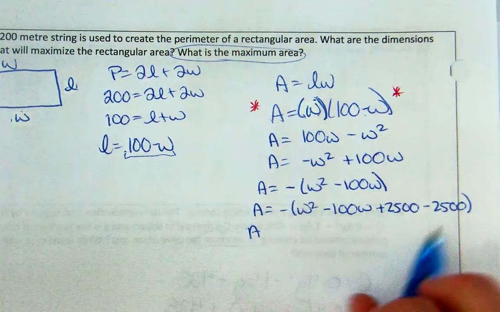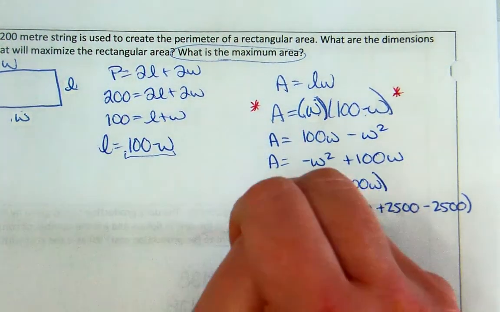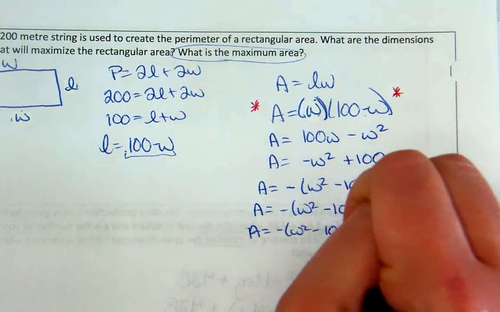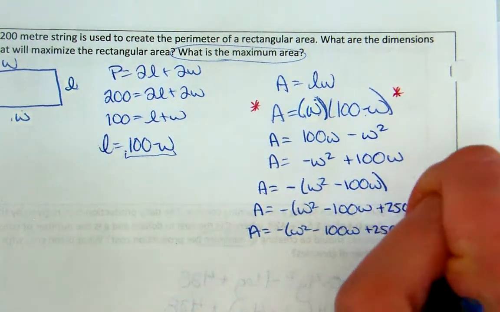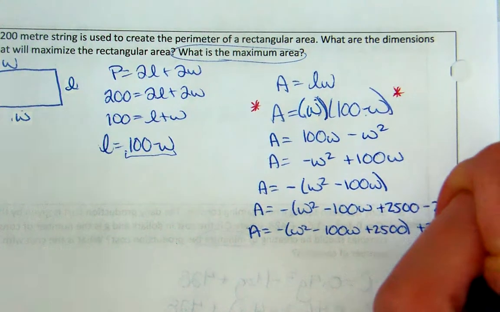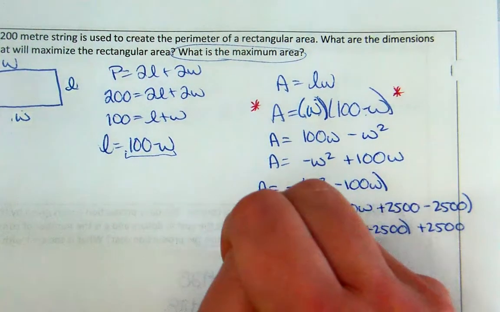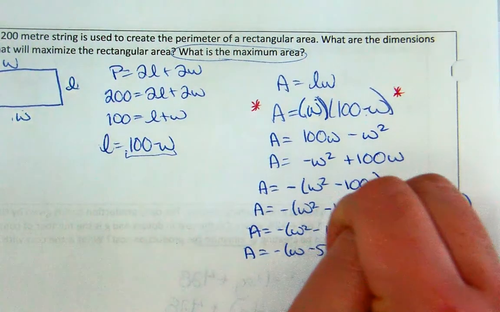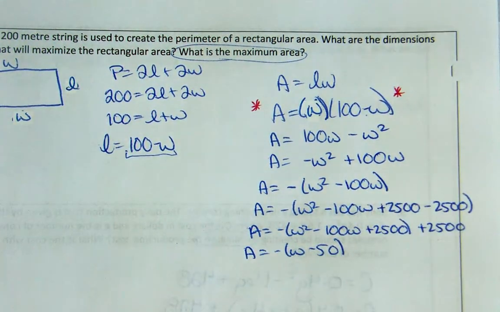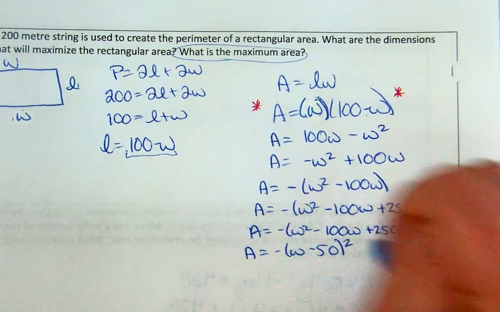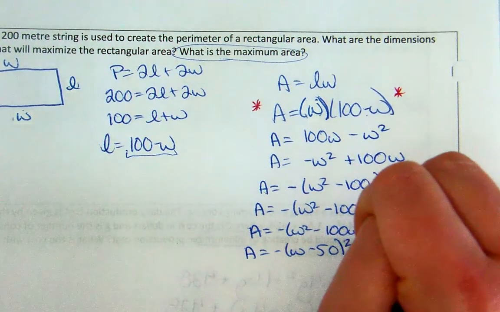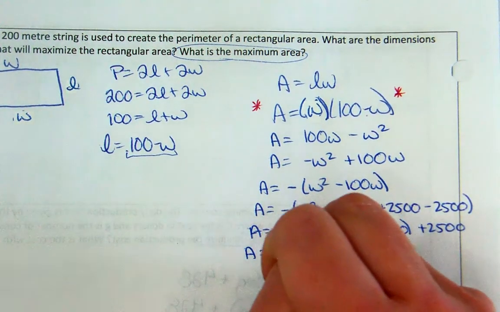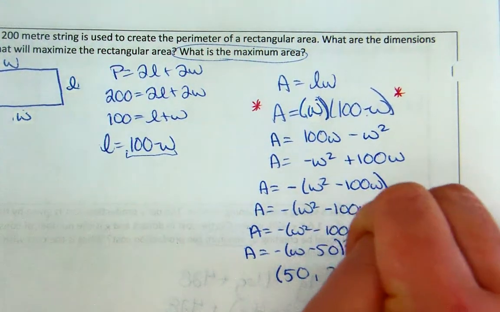I multiply this by negative 1, my A value, to move it outside of the brackets, which leaves me with positive 2,500. Then I factor my perfect square inside the brackets, plus 2,500. So my vertex is 50 and 2,500.